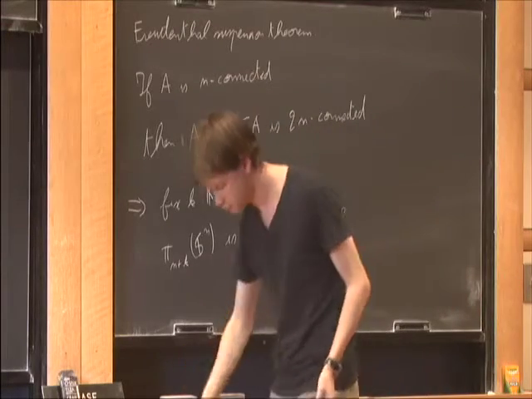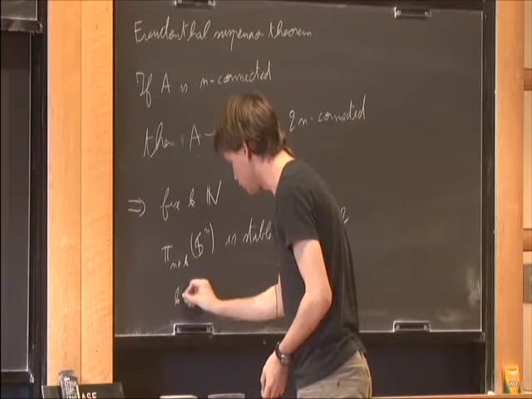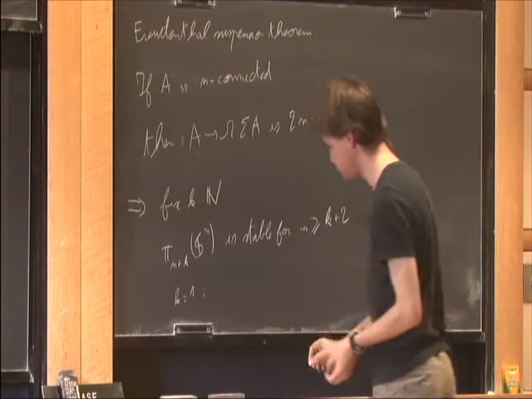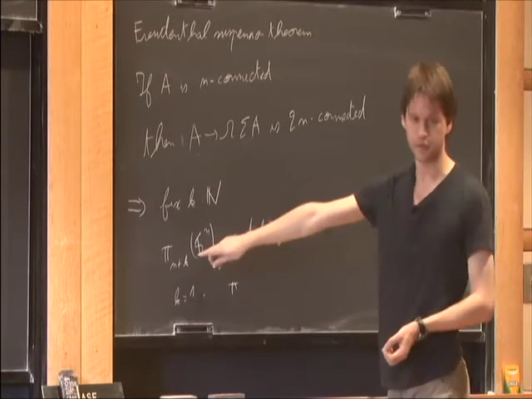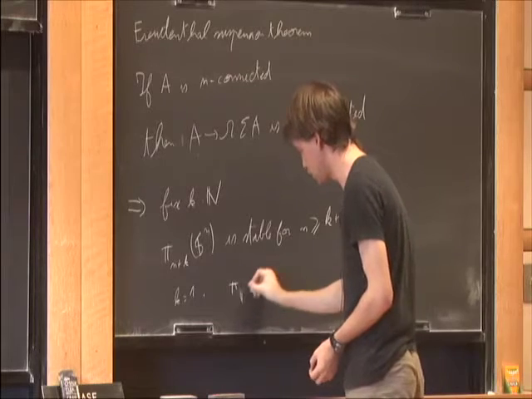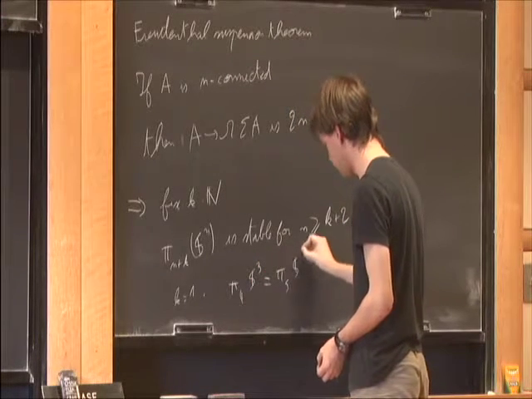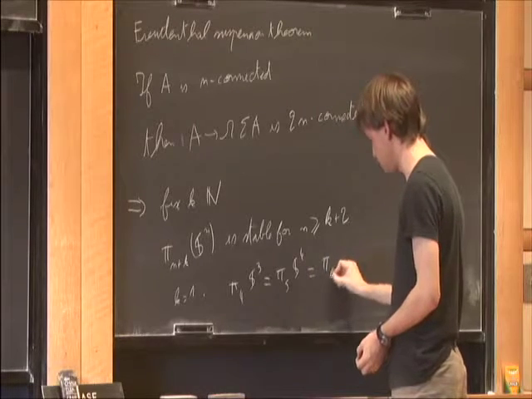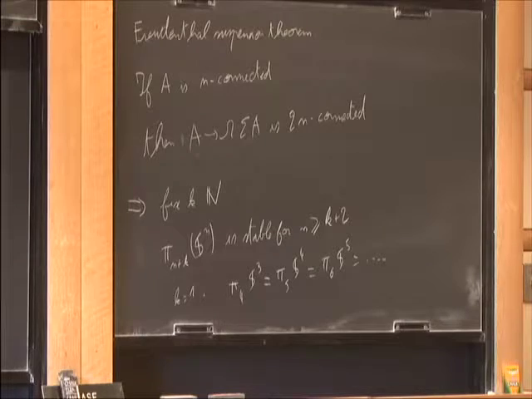And in particular, for k equals 1, this stabilizes for n at least 3. So you get pi4 of S3 equals pi5 of S4, pi6 of S5, and so on.